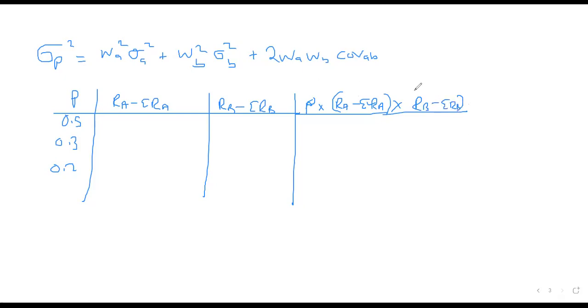In short, if this is column A, this is column B, this is column C, we just multiply column A times column B times column C.